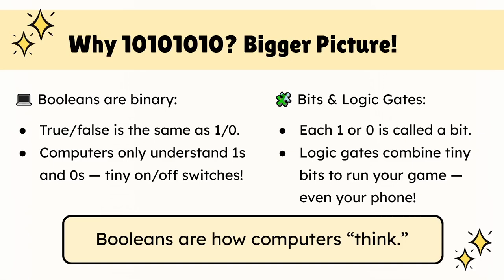So Booleans are how computers think. Each 1 and 0 is called a bit. We'll talk about logic gates a little more, but they're basically and/or gates. They combine tiny bits to run pretty much everything from your game to your phone. That's how it works in the big picture.